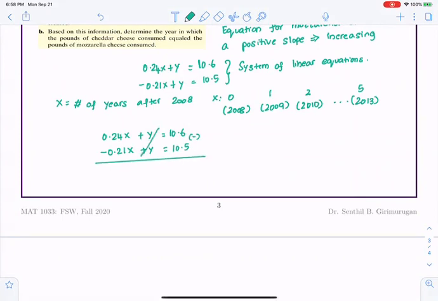The y's would go away. 0.24x minus 0.21x is 0.45x. 10.6 minus 10.5 is simply 0.1, which would mean x is 0.1 divided by 0.45, which, if you simplify, is going to be 100 over 45. That will be 2.2 approximately.